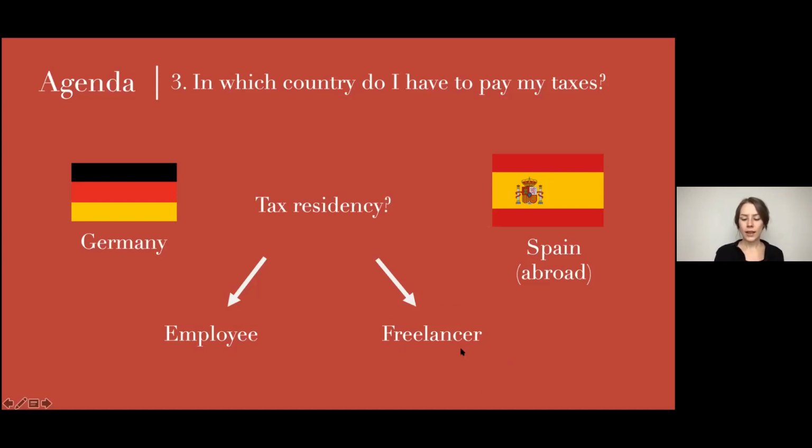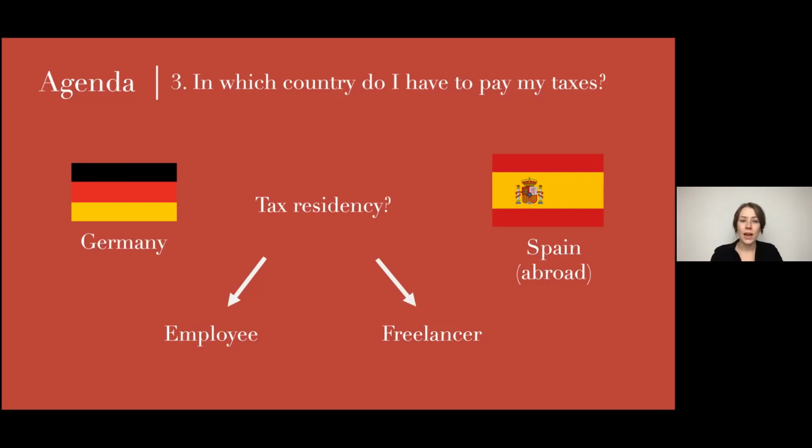And regarding the second group, the freelancers, pretty much the same rules apply. So if the freelancer does not stay abroad for more than 183 days, again, that is 6 months within a fiscal year, then usually Germany has the right of taxation. As opposed to an employee, you have to file your tax return with the German tax authorities by yourself, because obviously you do not have an employer who pays your taxes automatically for you.